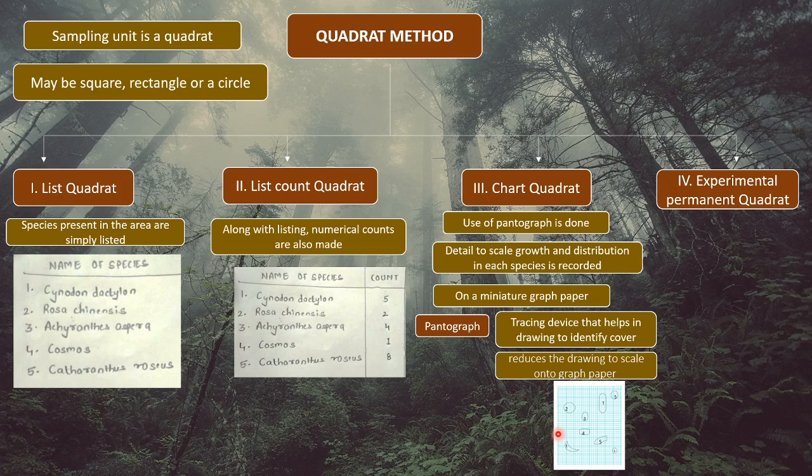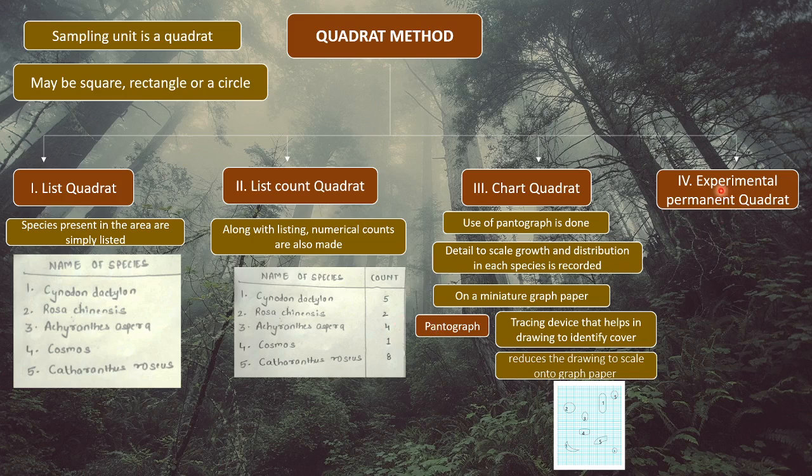I have not kept the diagram of the pantograph here because I did not get an image to keep here. So maybe you can Google pantograph for studying plant community, and you will be able to see what a pantograph looks like, right?